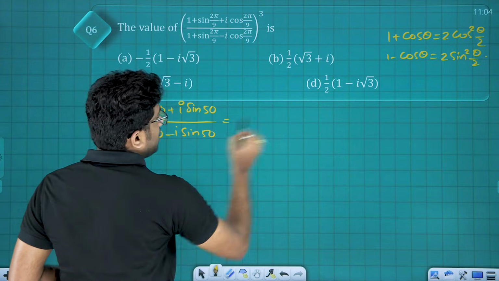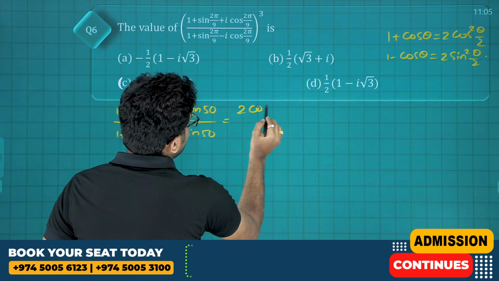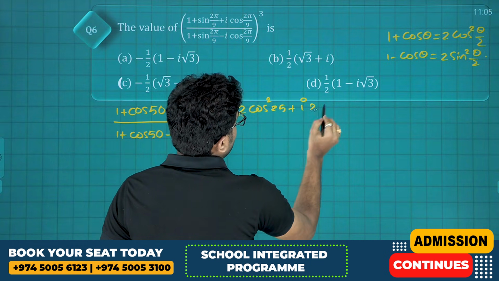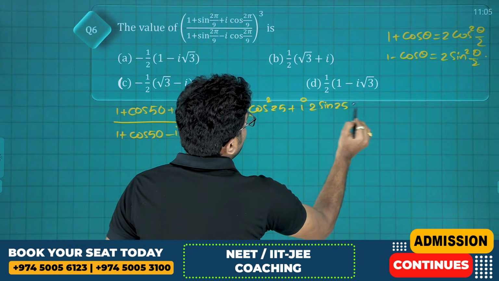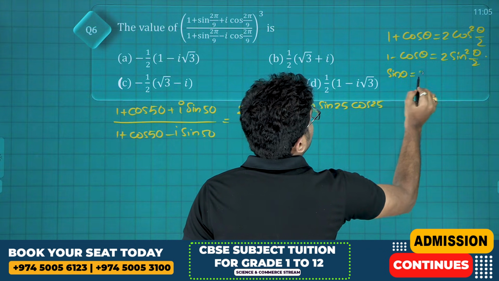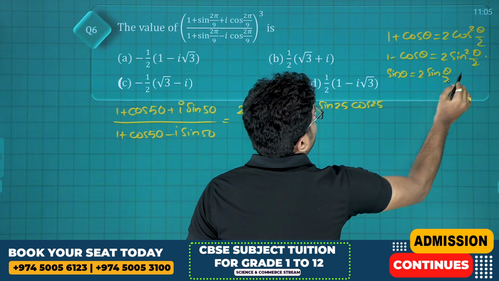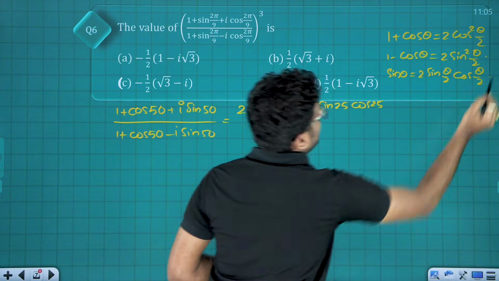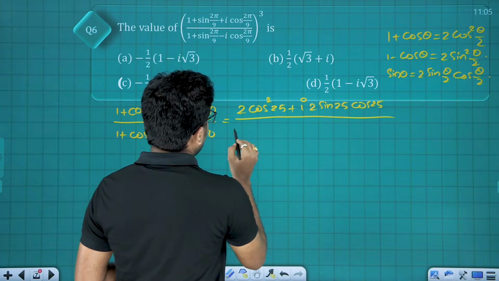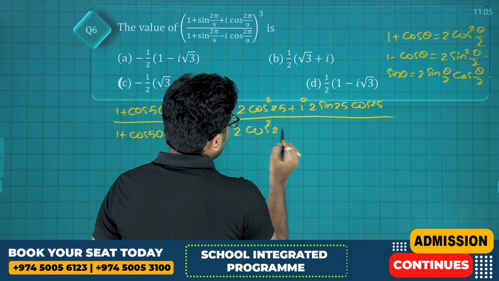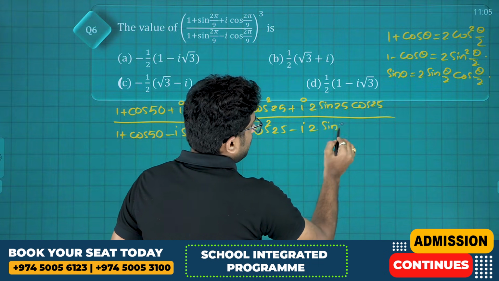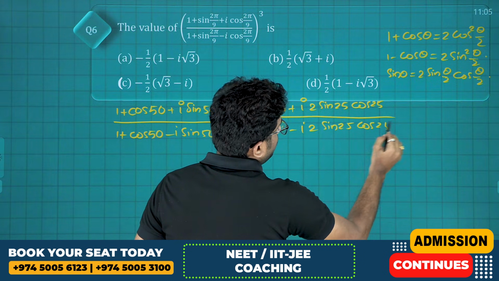1 plus cos 50 is, again from there, 2 cos square 25 plus I times 2 sin 25 cos 25, because sin theta we can write as 2 sin theta by 2 cos theta by 2. So 2 cos square 25 minus I times 2 sin 25 into cos 25.